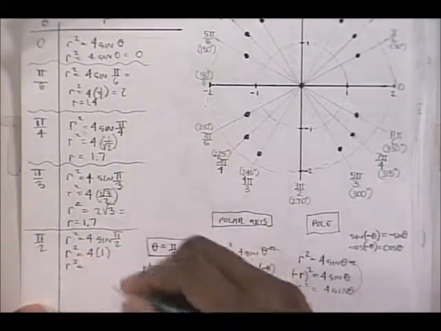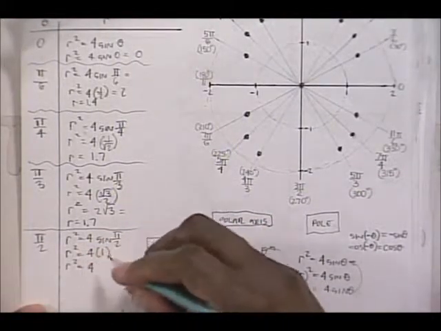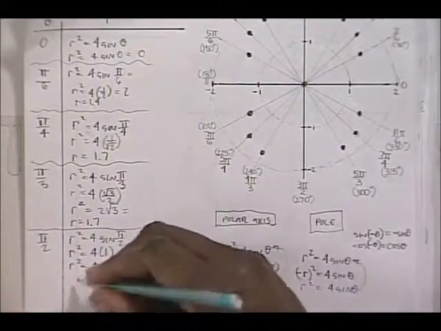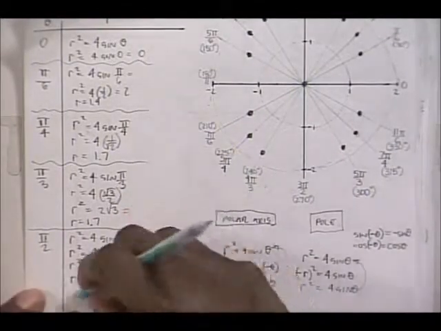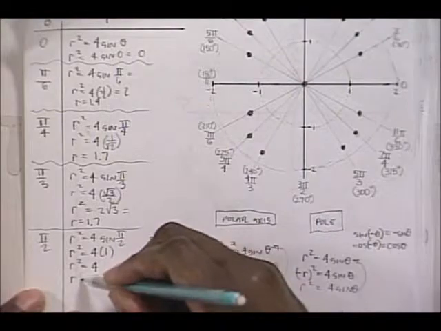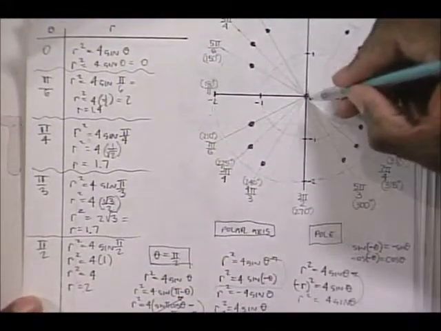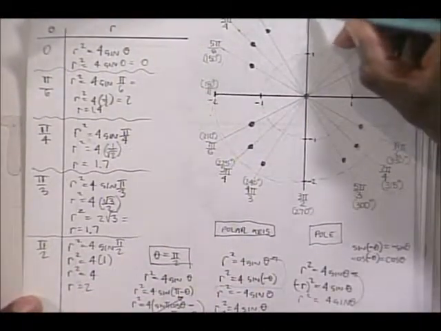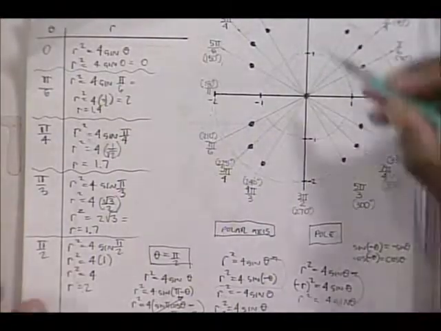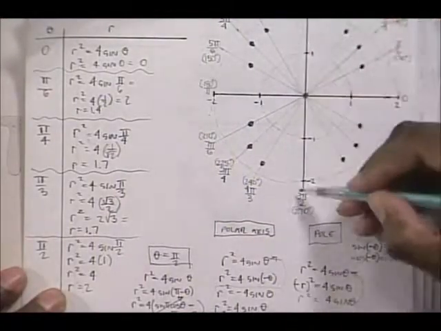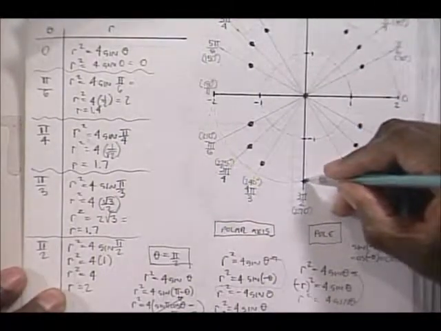You'd have to know that. R squared is equal to 4. Square root of 4 is 2. R is equal to 2. So you plot the point pi over 2, 2. This is symmetric about the polar axis, so you can put a point right there.